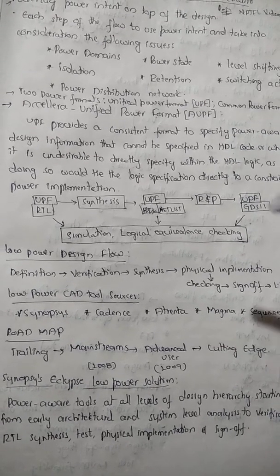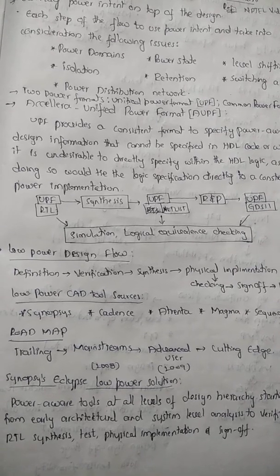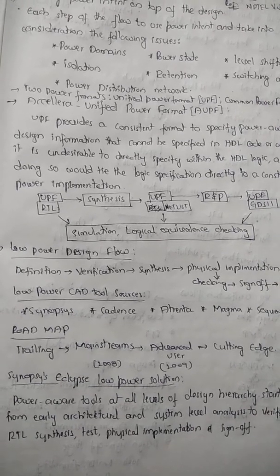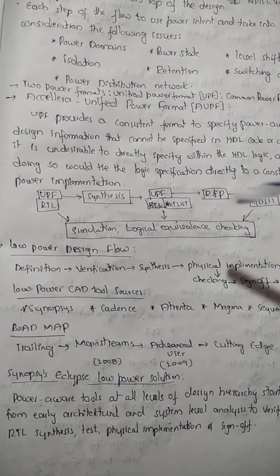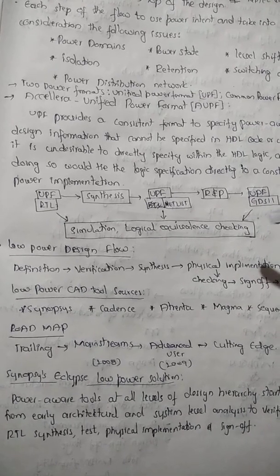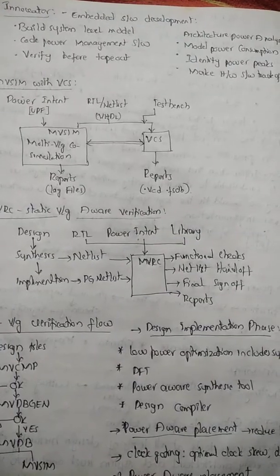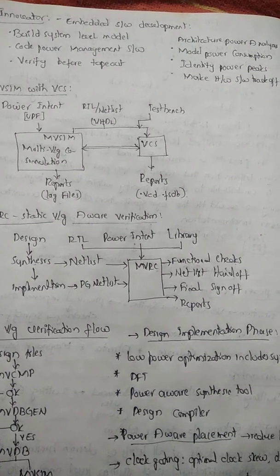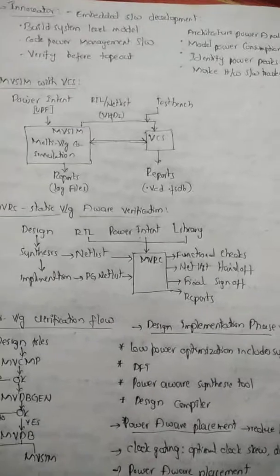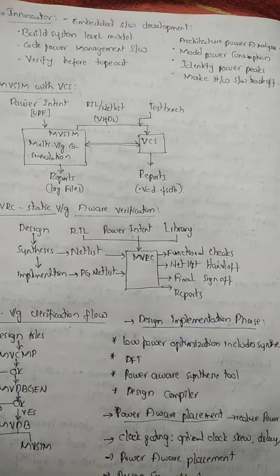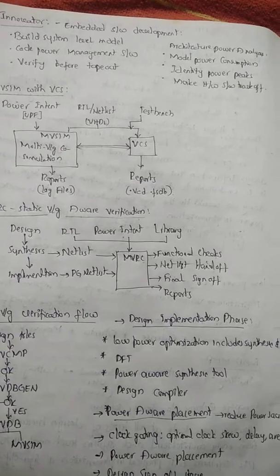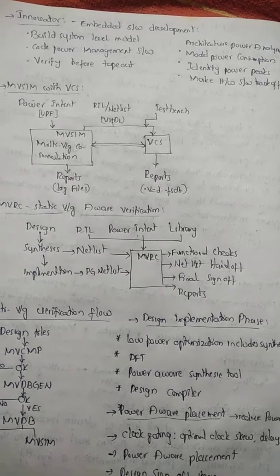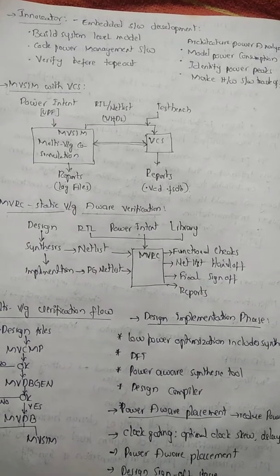Here we are supposed to discuss two parameters. One is Innovator, another one is Design Ware. Innovator provides a virtual platform between architecture level and system level. It is a very useful tool at the design step, and it develops various IPs. Coming to VCS, here we do compilation, simulation and find out the functionality.